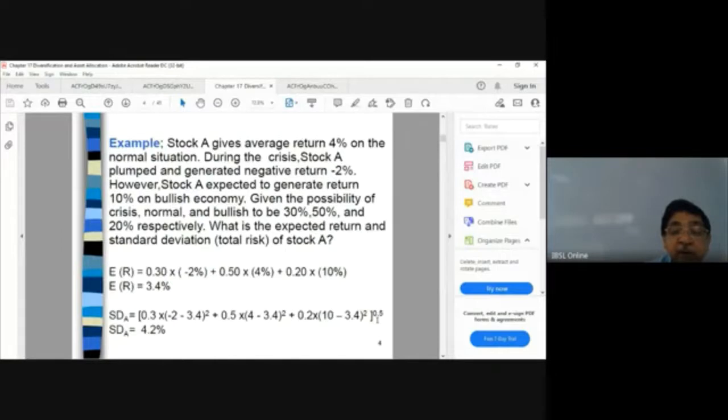You can see 0.5 is given here as the power. 0.5 power is half, to the power half. So that is the square root of this. That is how it is symbolized here. So these things you have to be familiar with. This is calculated and the square root is taken, and after the square root is taken, the answer is 4.2%.